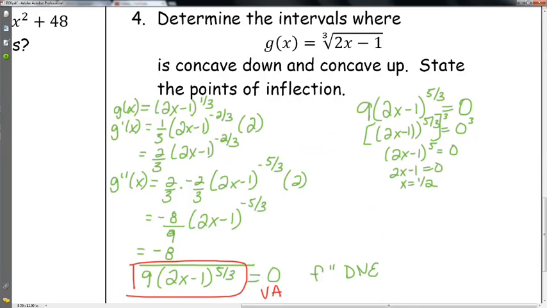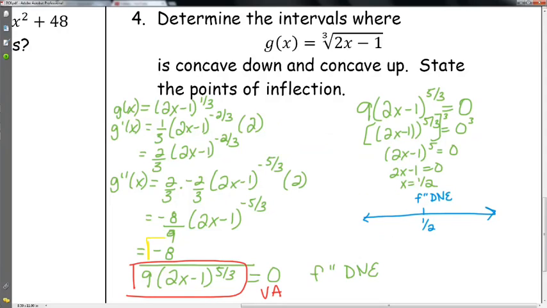So the only way I know that for sure is if I draw a number line and do a sign chart. And so I'm going to go ahead and write 1/2. So that's where my second derivative doesn't exist. And now I'm going to need to list my factors. Well, I have a lot of factors here.